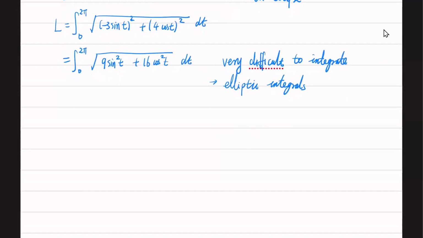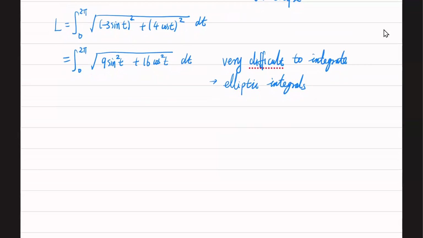Okay, so this is about the parametric equations. Next, we introduce polar coordinates. Okay, have you seen this before? Polar coordinates.